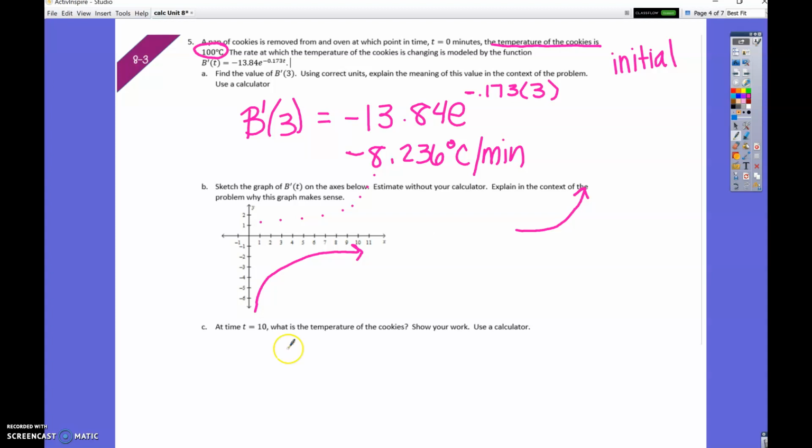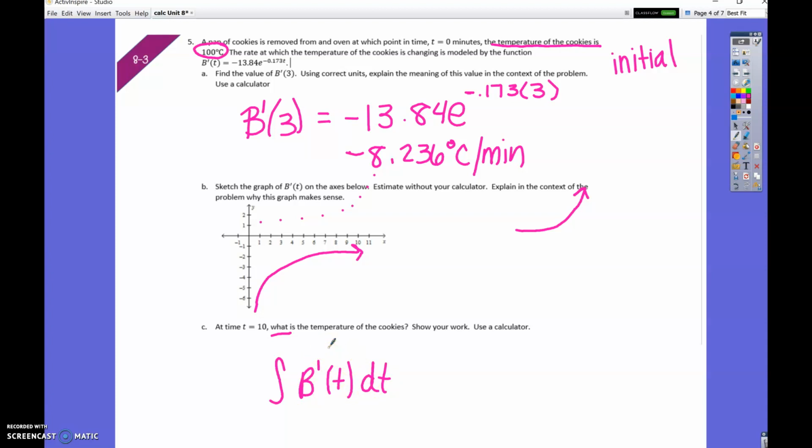Finally, for C, at time 10, what is the temperature of the cookies? So what, or how much, or how many? So if we know that the rate is that B prime, if we integrate the rate, and when it comes to an AP test, you don't have to write all of that equation out if you don't want to, but it is important that you write this. We want to know how cool are the cookies?